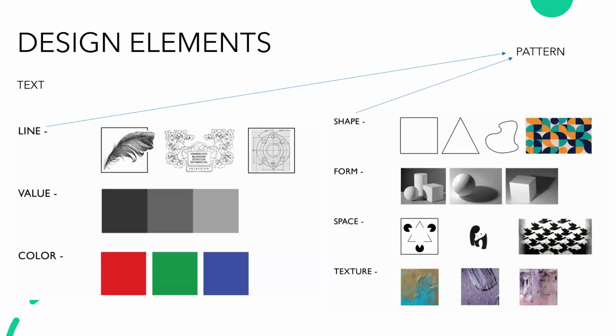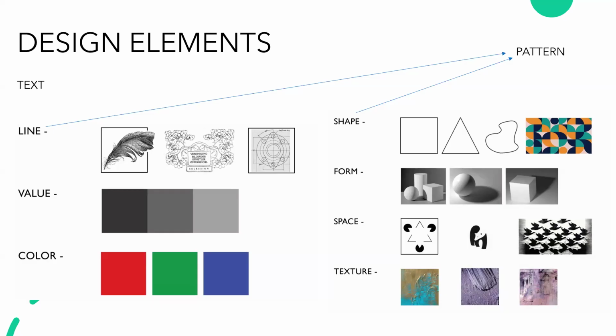That's why you are seeing those arrows there. Then you have values. Something can have different values, whether it's a line or a shape. There can be different values of black, shades of green and everything. So knowing that something as simple as color can have different values is already a design element.